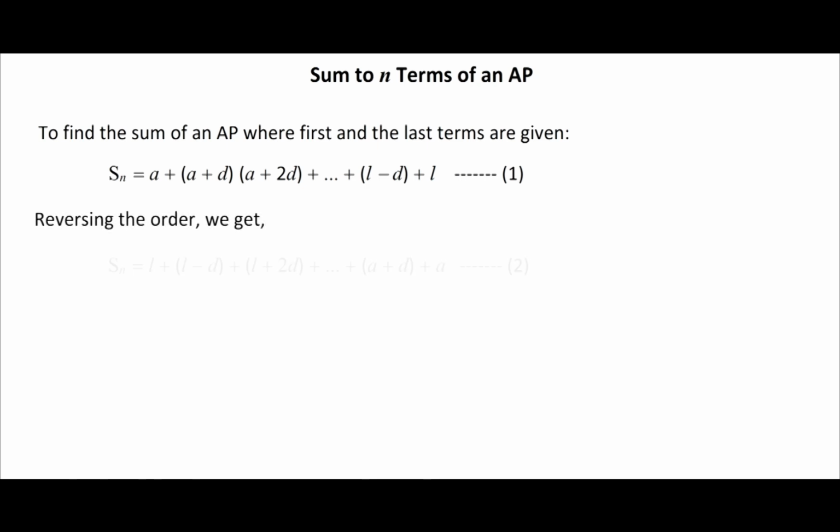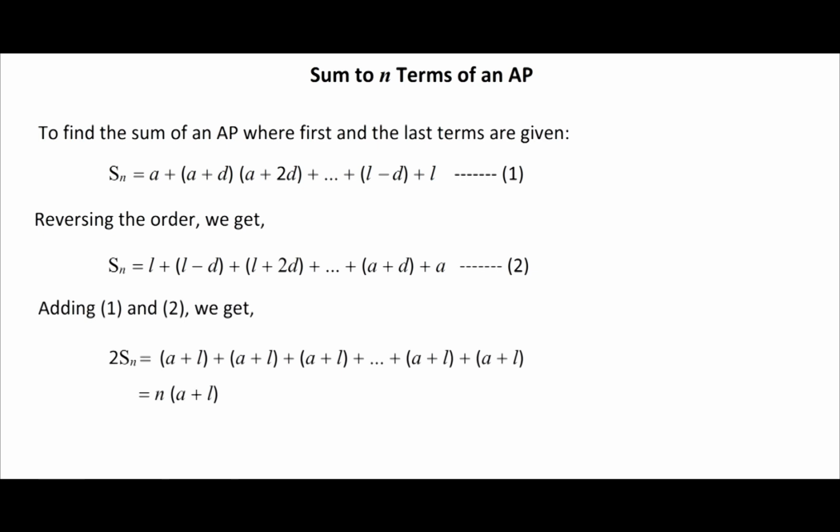Now reversing the order and adding the terms, we get 2Sn is equal to (A plus L) n times. Thus, Sn is equal to n divided by 2 into (A plus L). In other words, the sum of the first n terms is n times the average of the first and last term. Let us see an example.